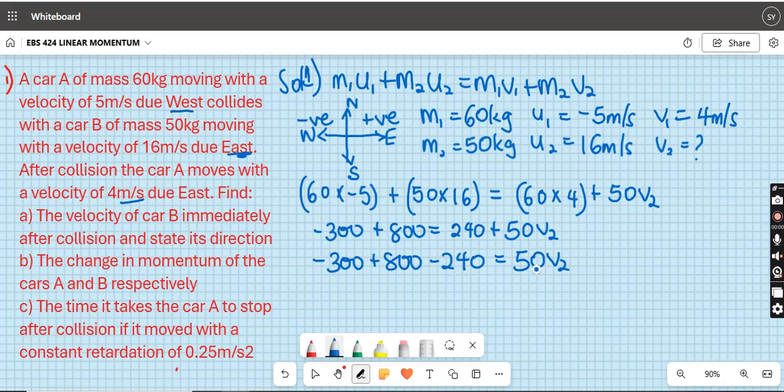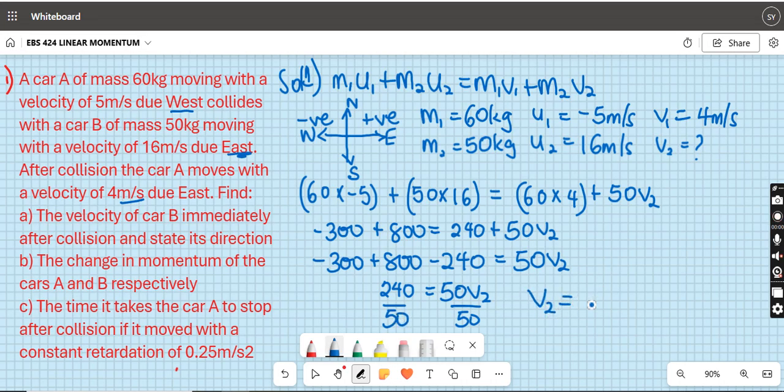Alright, so if we have 800 minus 300 minus 240, what do we get? We should get 260. And this is equal to 50 v2. If we divide both sides by 50, what do we get for our v2?